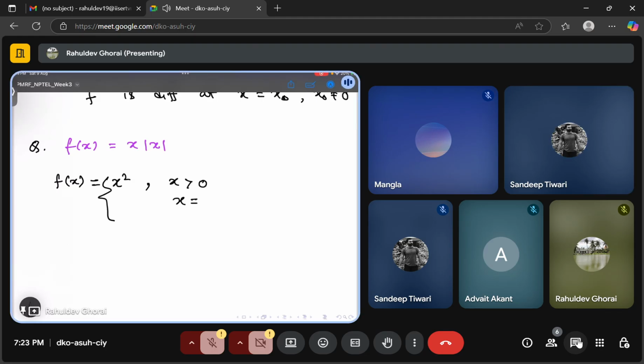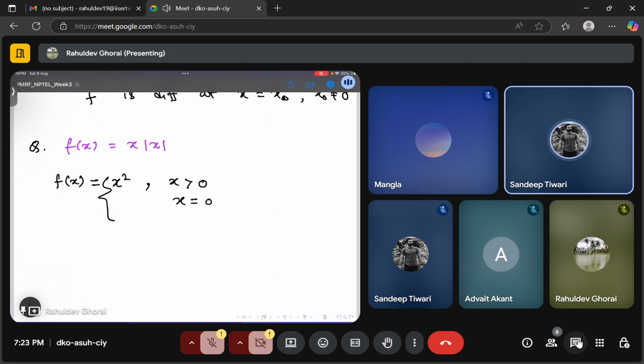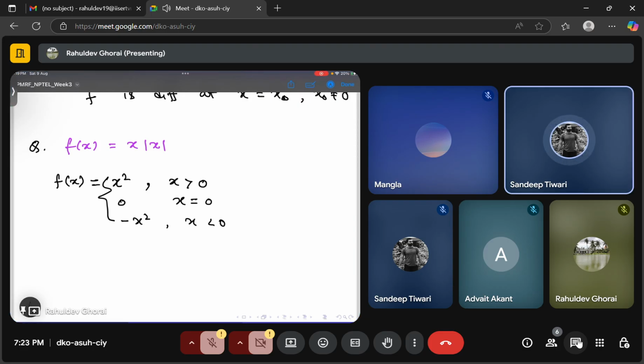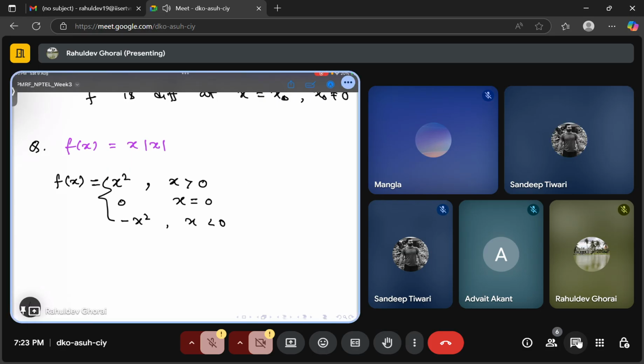When x is equal to 0, it is 0, so that is not a problem. And when x is less than 0, this is minus of x square, right? Am I correct?